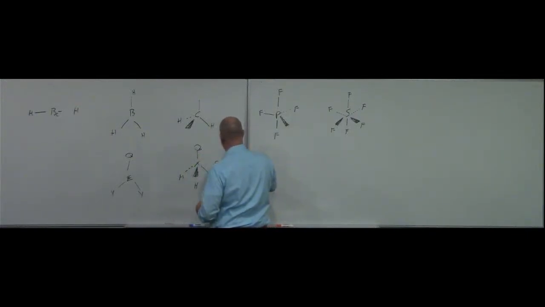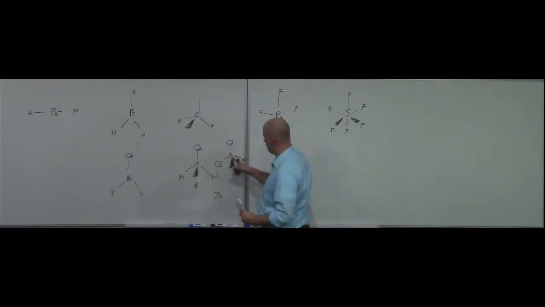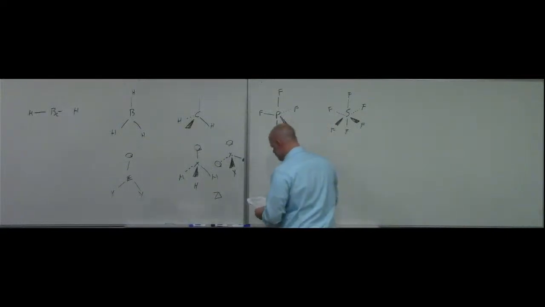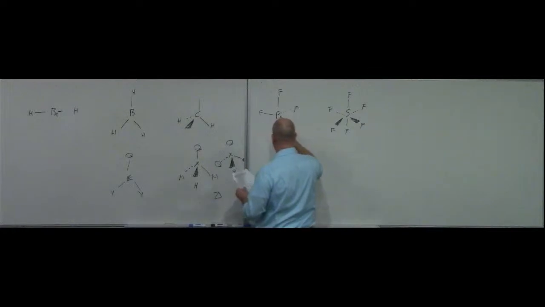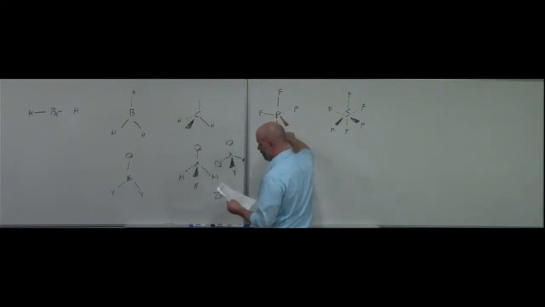So I've only got this and this, right? So now this is actually my only shape. What shape is that? The same as this. It's going to be bent. Good. All right. And then we come over to this one, and we know that this is trigonal bipyramidal.